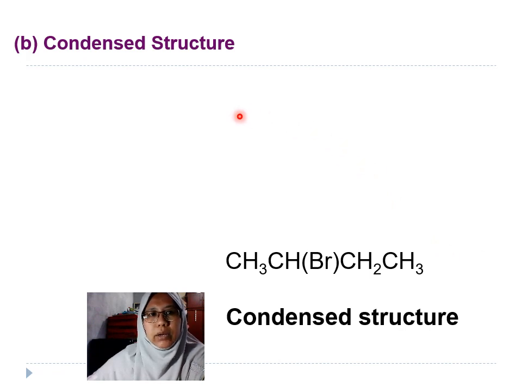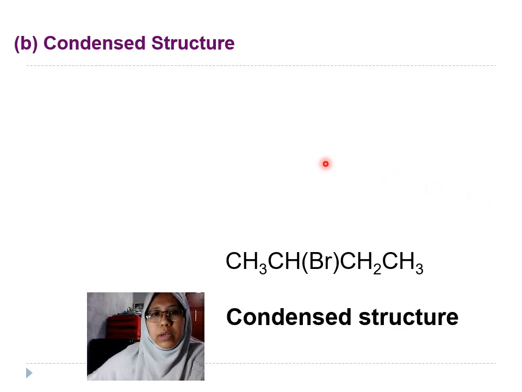Next, we look at condensed structure. Condensed structure is more simple, and for people who are doing organics regularly, condensed structure is easier compared to expanded because it would take a lot of time to draw all of the bonds.